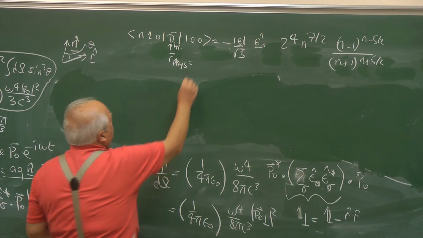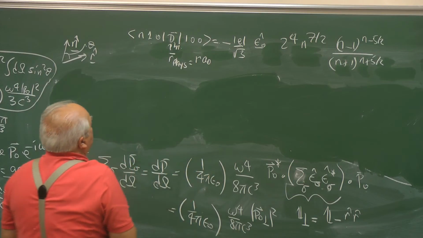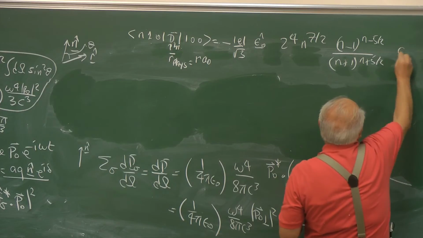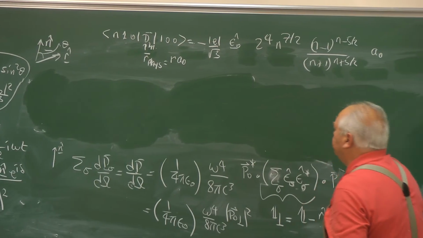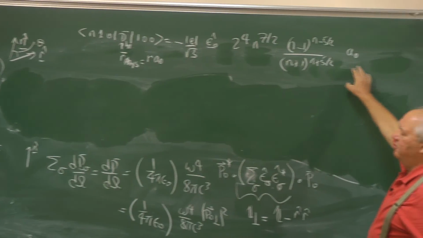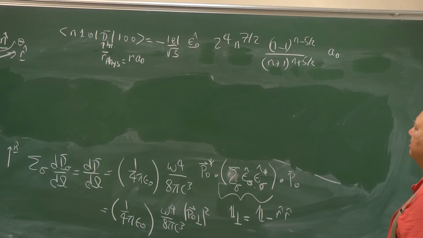Now I introduce dimension. It is R times A0. So I put here an A0. That's the Bohr radius, basically. We had scaled the radius in that fashion.